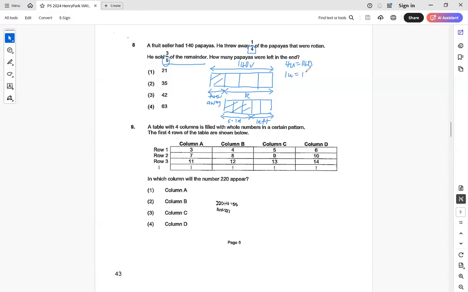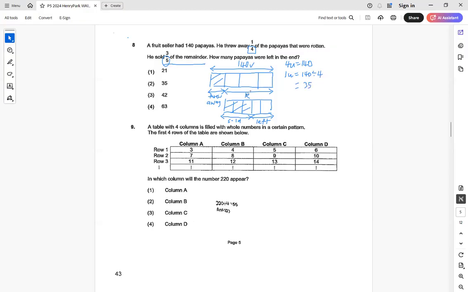I will take 140 divided by 4, which gives me the answer 35. This will be a 35.